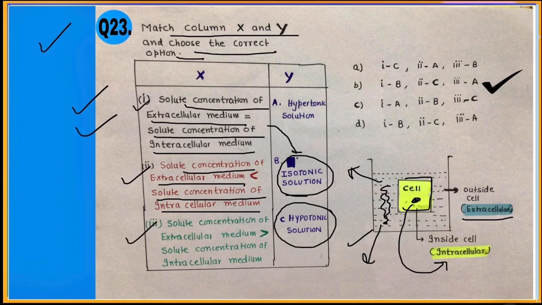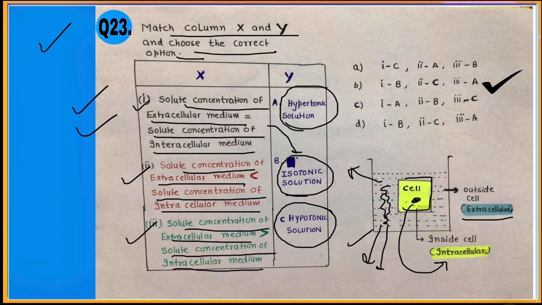Come to third statement, अगर solute concentration of extracellular medium, बाहर के मीडियम में solute का concentration ज़्यादा है as compared to solute concentration of intracellular medium, then this type of solution is called as hypertonic solution. So here correct choice is B.